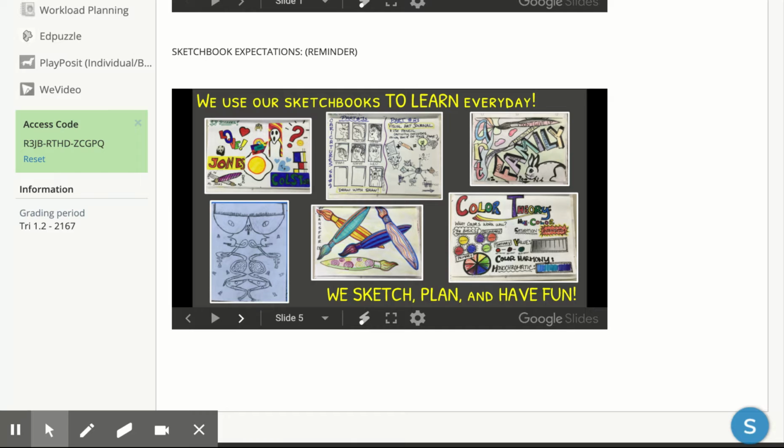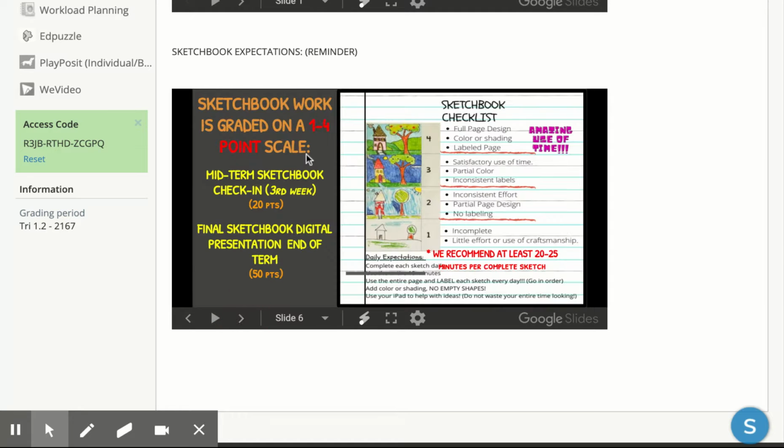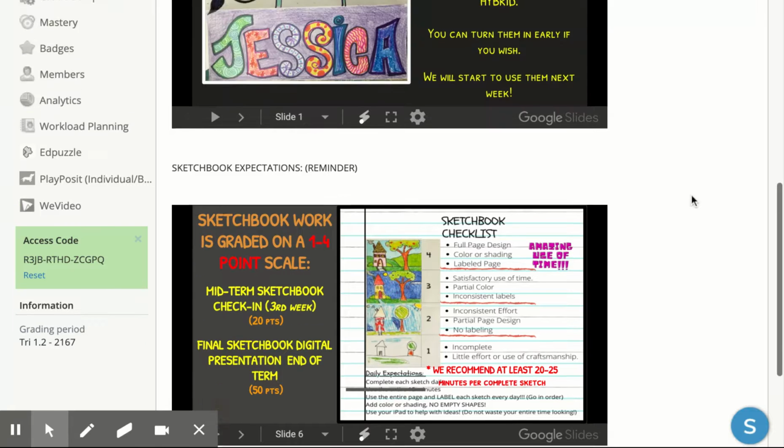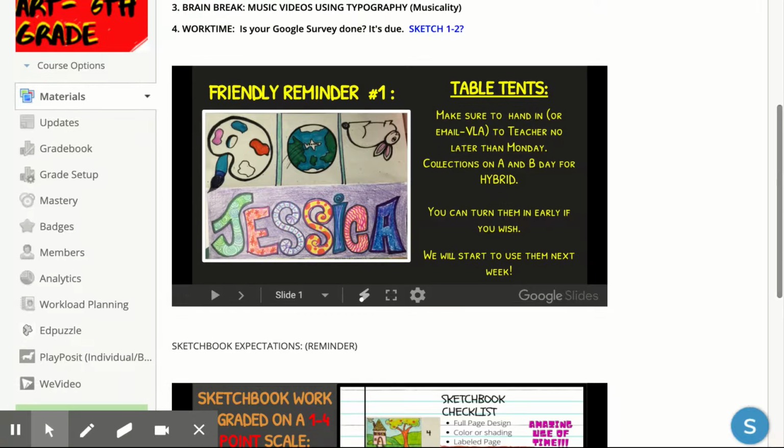We're looking for beautiful craftsmanship. If you make a mistake, take the paper out and start over. Or make a mistake, erase, and then end up outlining and coloring in areas so you won't see those mistakes. This is a chance for us to really work on those skills. Remember the 4, 3, 2, 1. If you want to earn full credit on your art projects in our class, they should look like a 4.